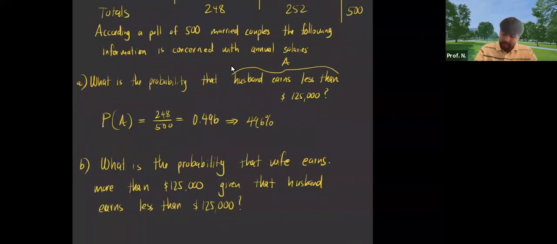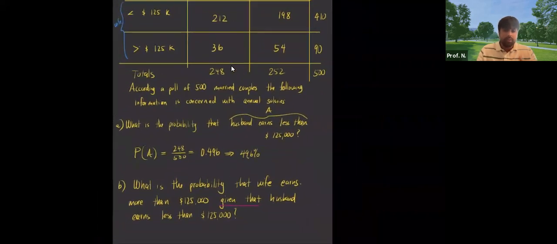So again, key phrase, given that. So what's the conditional event? The husband makes less than 125,000. And the event that we're looking for is that the wife earns more. We can do it two ways. We can do it using the formula, right?